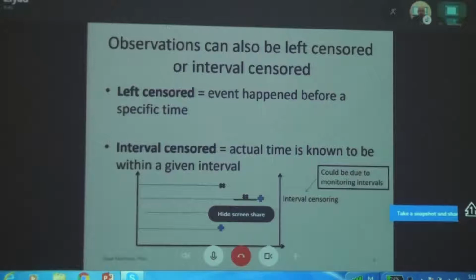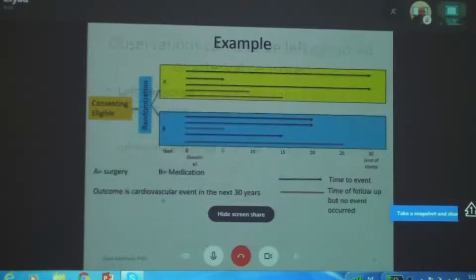Let me tell you why censoring is difficult to deal with. Suppose you're looking at a randomized trial where people are randomized to either surgery or medication, and in each arm you have 5 patients.